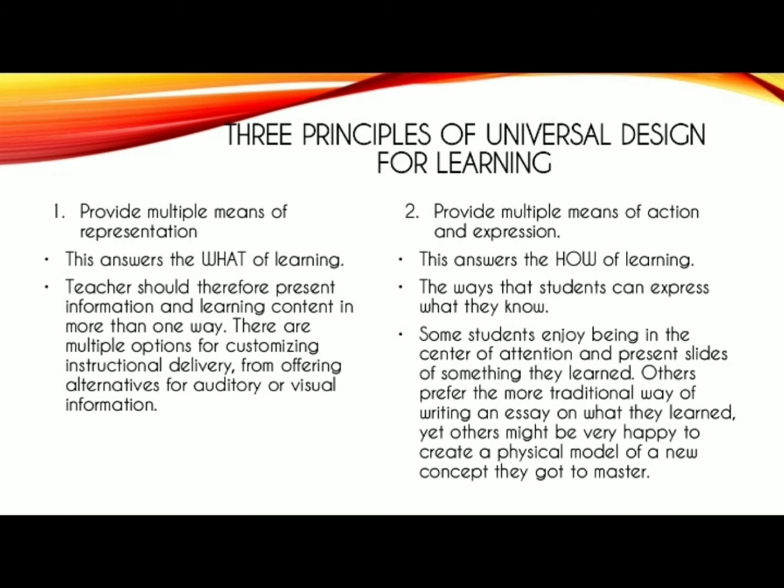There are multiple options for customizing instructional delivery, from offering alternatives for auditory or visual information. So teachers must present information and content in different ways, either through audio, visual, verbal, and many more.